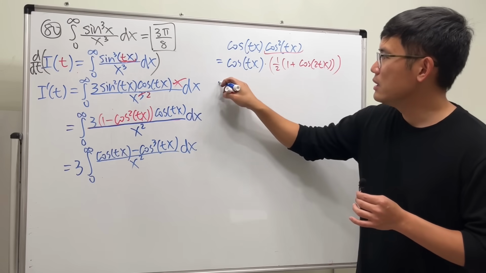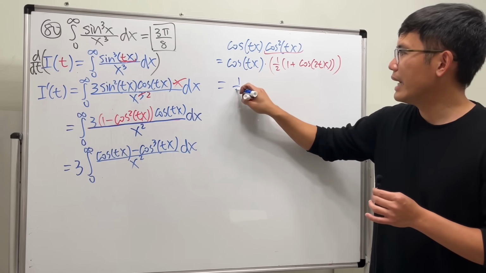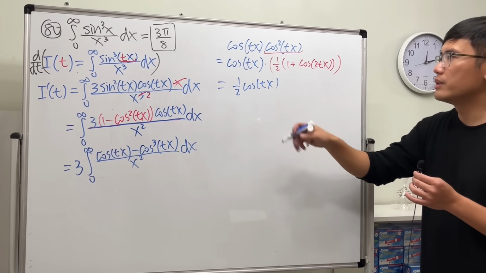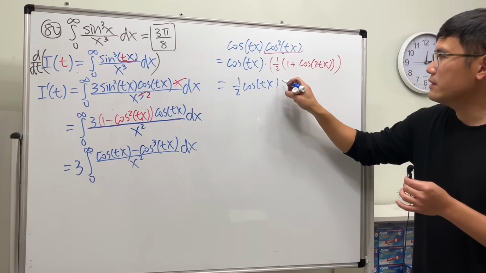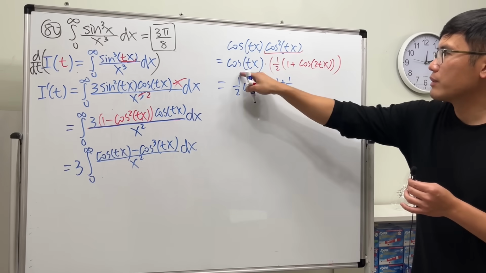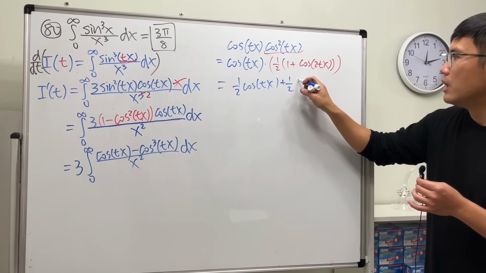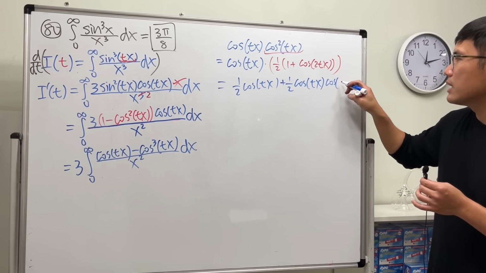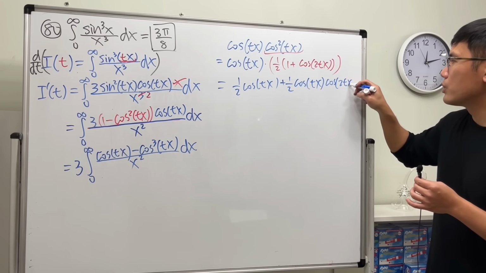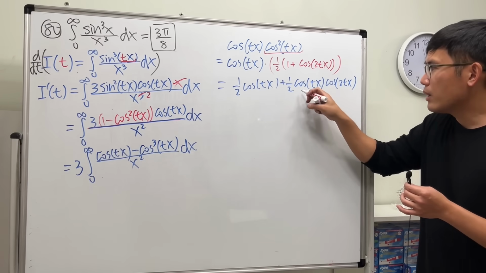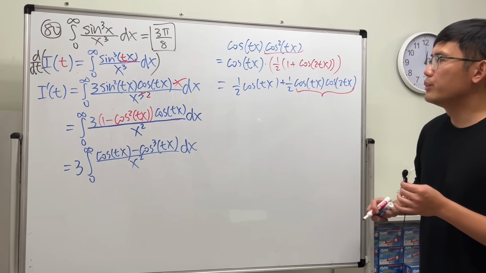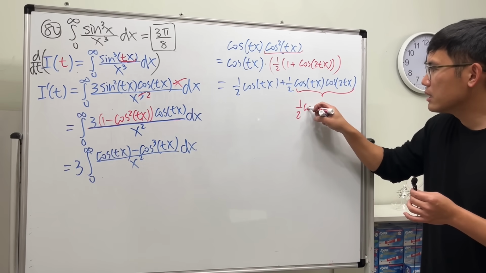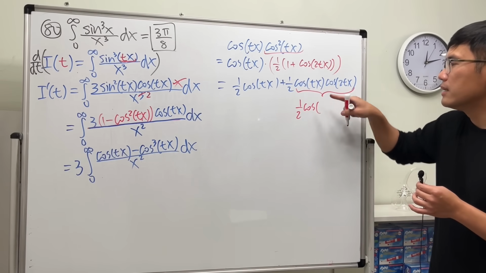And then we can see this times that is 1/2 cosine of tx. So that's very good. And then 1/2, and we have cosine times that, right? So it's cosine of tx times cosine of 2tx.